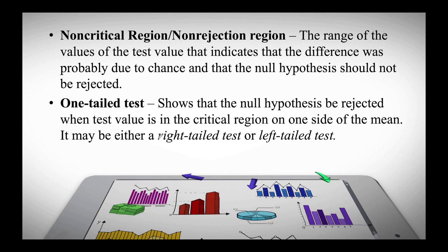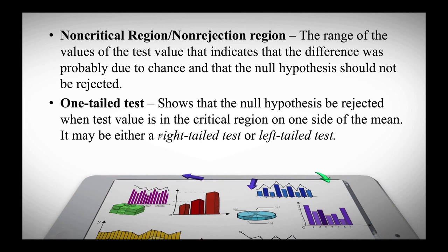So, next we have this different type of test, the one-tailed test and the two-tailed test. For the one-tailed test, this shows that the null hypothesis be rejected when test value is in critical region on one side of the mean.